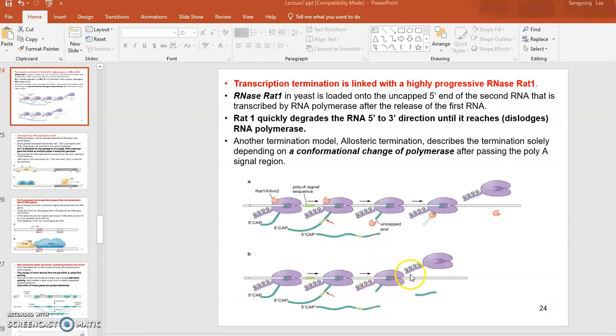Then there's an allosteric conformational change, meaning a signal transduction happens, so RNA polymerase changes structure. So it's a conformational change of the polymerase. Due to that, the polymerase falls off, and that's the second mechanism that's explained in your textbook.